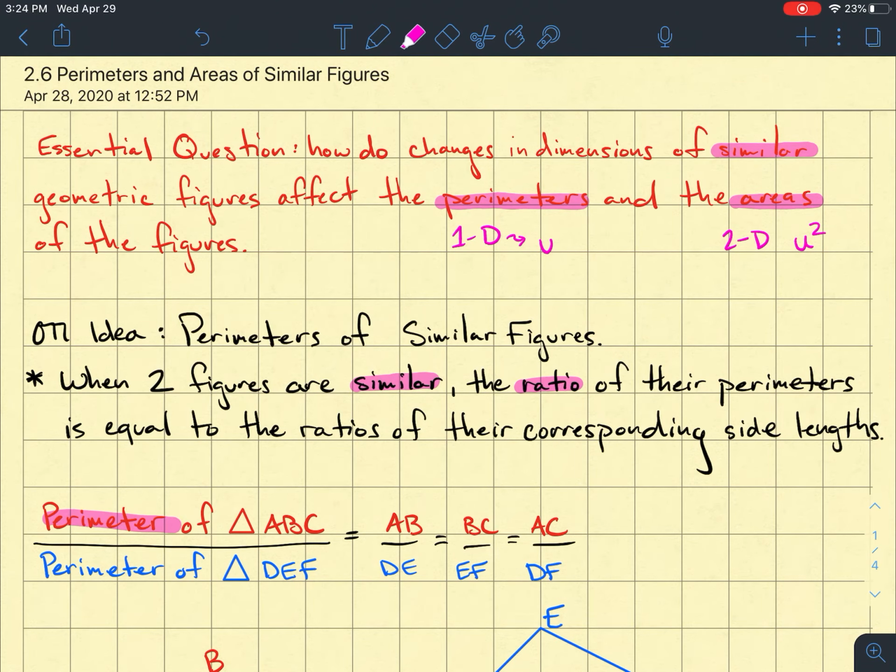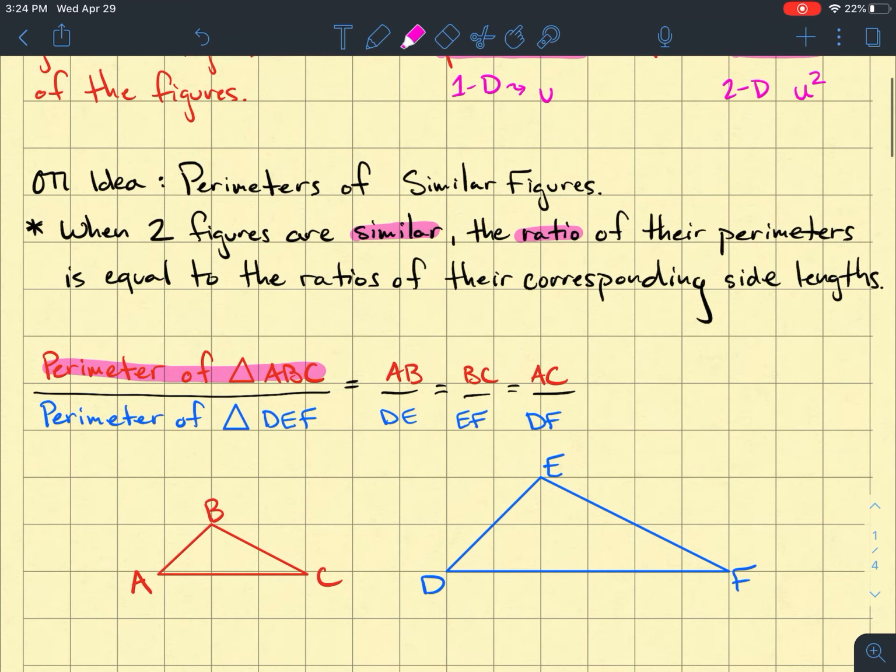So in math words, the perimeter of the red triangle. Let's say you have a red triangle and you have a blue triangle. So the perimeter of the red triangle, that means if you were to add up all those sides there, its ratio would be equal to the same ratio of the corresponding side lengths of the red triangle and the blue triangle.